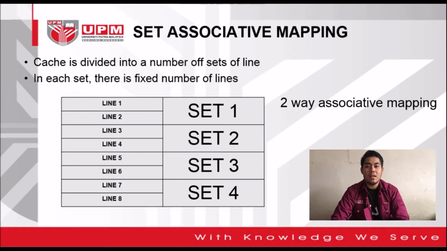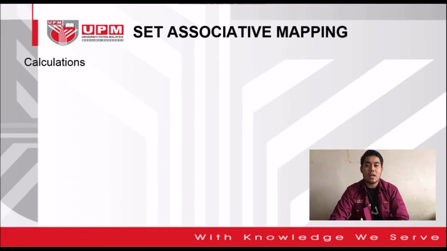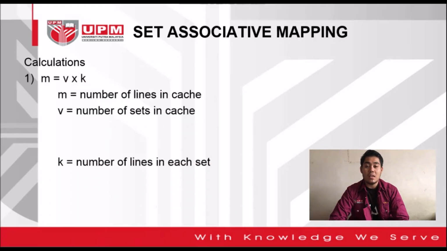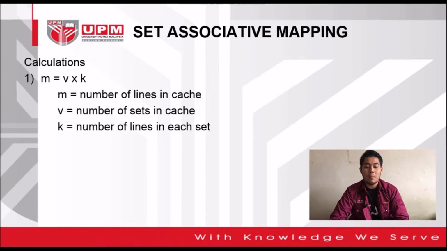Alright, there is a calculation in this mapping to calculate the number of lines in the cache and the set number. For the number of lines in the cache, we need to know the number of sets in the cache, and also the number of lines in each set. So the cache is one building block of data, and in each block there is a number of sets, and in each set there is a number of lines.